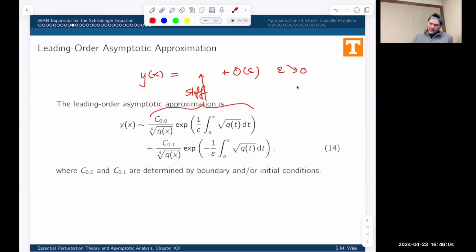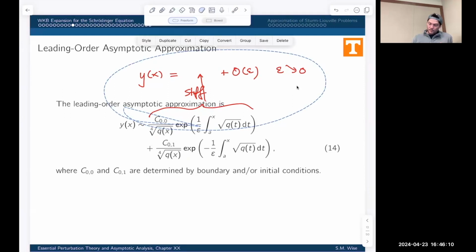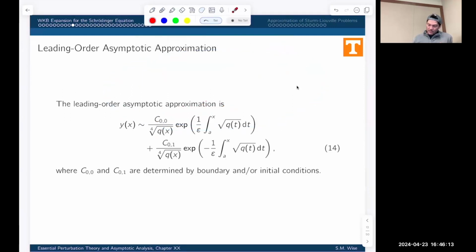Now we have two independent solutions. But that's not a problem because we expect to have two boundary conditions or two initial conditions or some mixture of two conditions that we have to use to determine these guys. So these are currently undetermined, but we're going to use our boundary and or initial conditions to determine them. Does that make sense to everyone?